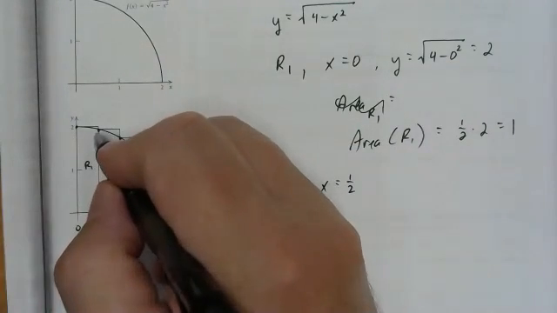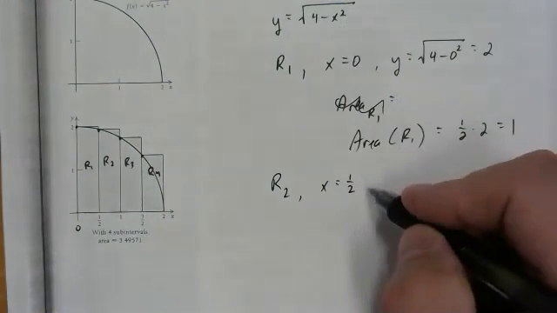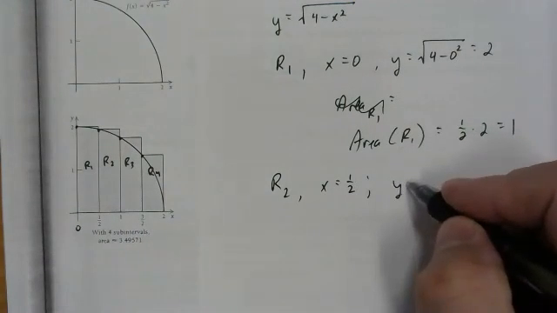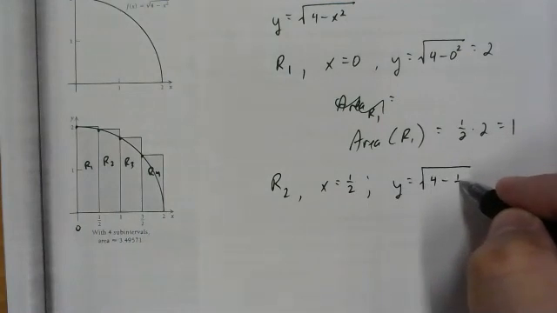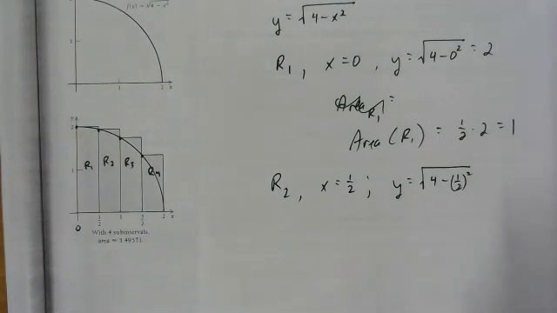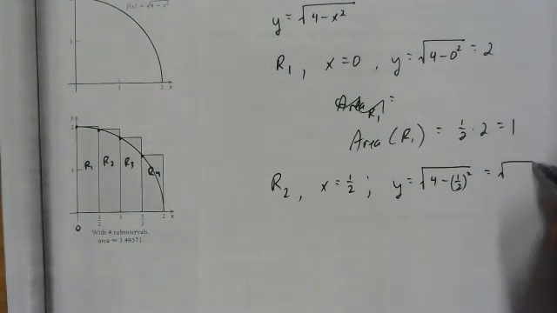When x is 1/2, what's my y going to be? I plug it into this equation. y equals square root of 4 minus 1/2 squared. 1/2 squared is 1/4, so it's 4 minus 1/4.